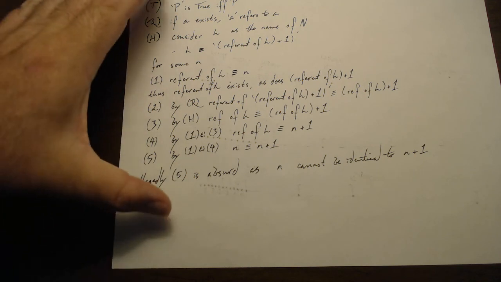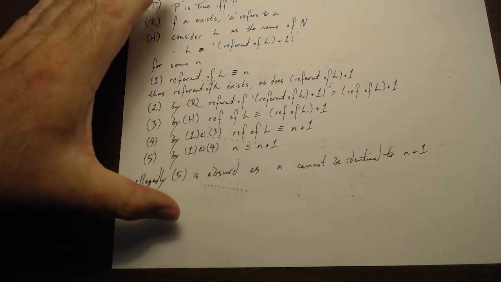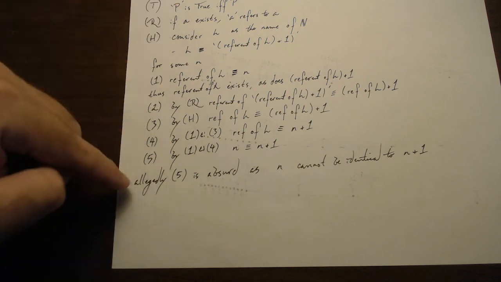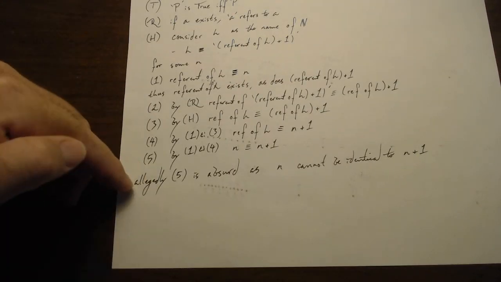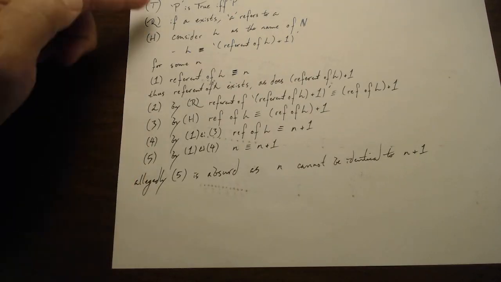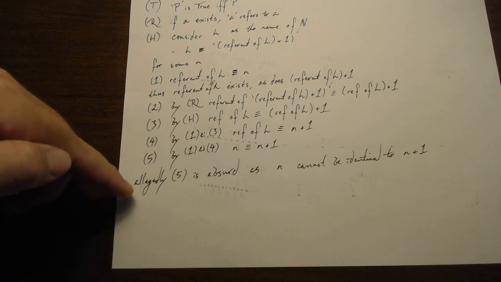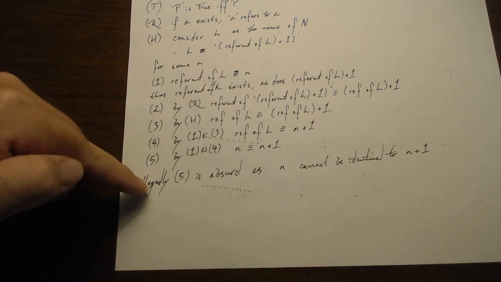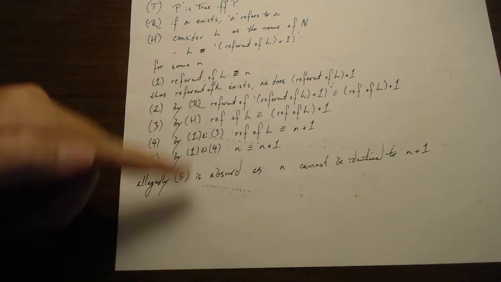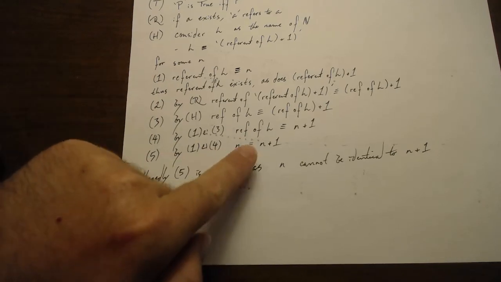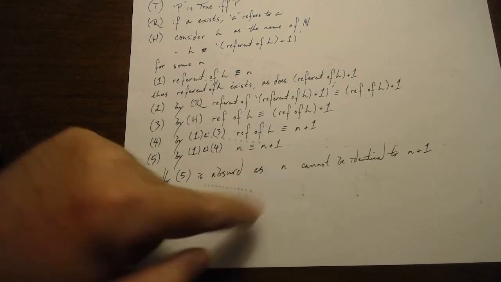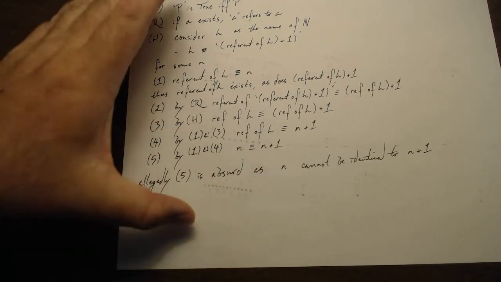I actually think this was done well. And the alleged paradox, I think, isn't one, because if you actually understand what happened, this is what should happen. You should be getting the apparent n being identical to n plus 1. You should be getting that.